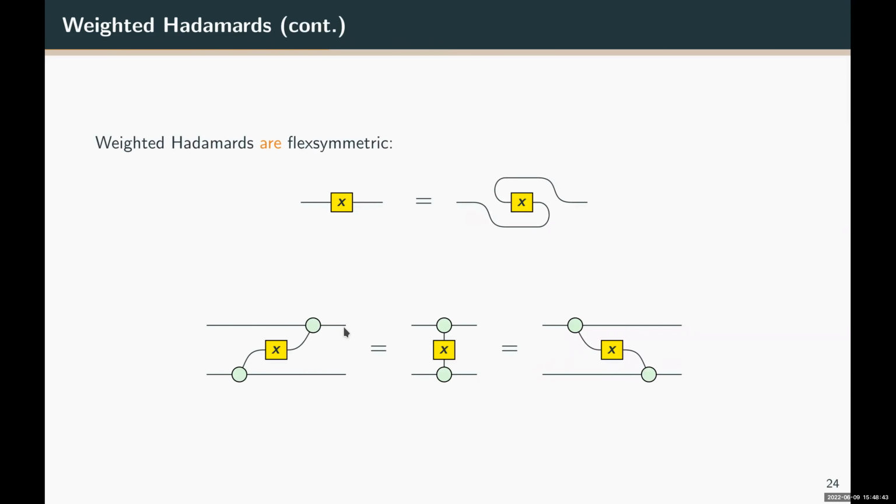Now, these weighted Hadamards are flexometric because of this equation for commuting the multiplier on the previous page, which means that we can also unambiguously define these weighted CZ gates, which correspond, to those of you familiar with the qubit theory, really to the weighted CZ gates that you would use in that case.